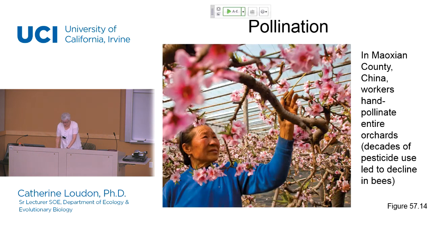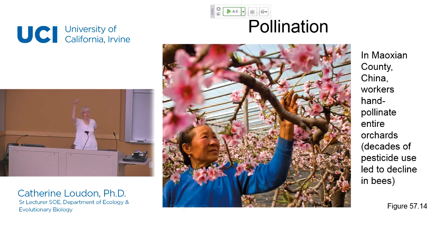And so one of the most extraordinary examples of pollination is discussed in your textbook. This figure is figure 57.14 from your textbook, and shows a picture taken from an area in China where the natural pollinators have now declined to the point where orchards can only produce fruit if the workers in these orchards go around and hand pollinate all of the flowers, such as shown here in this picture.